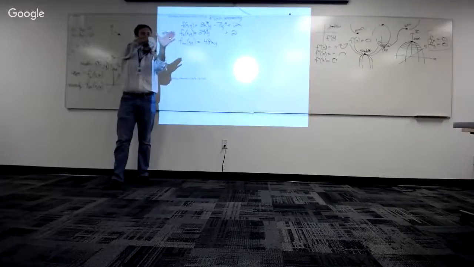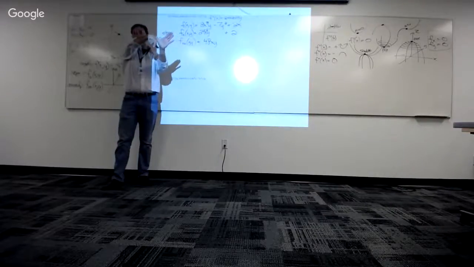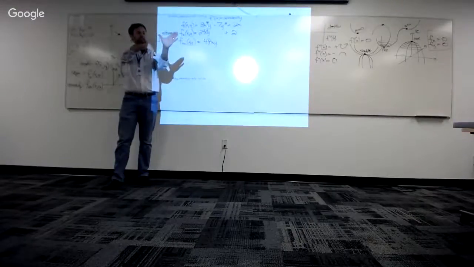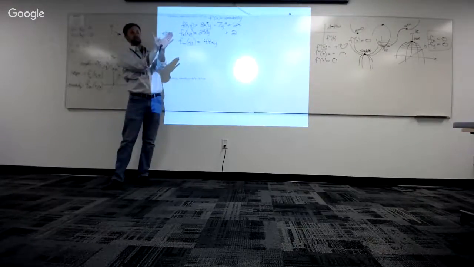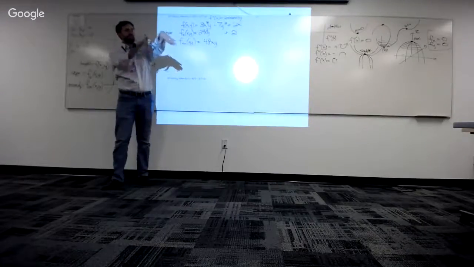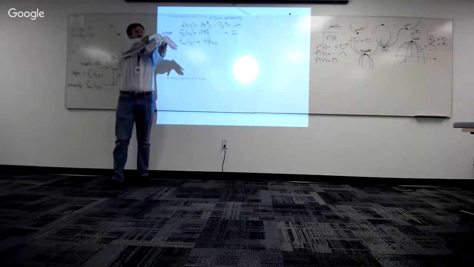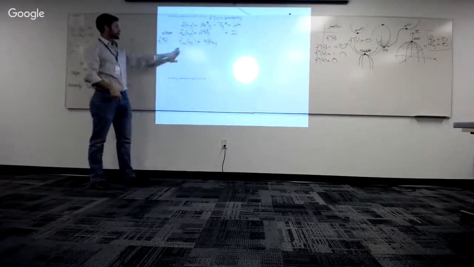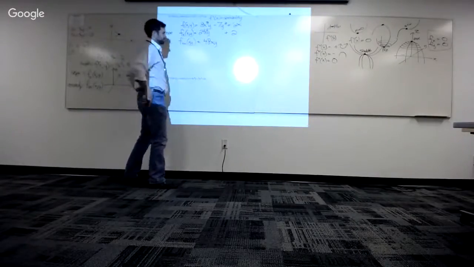A saddle point. That would be a saddle point, right? Whereas if I had concave up in this direction and concave up in this direction, what would that be? A minimum. Whereas if I had concave down in this direction and concave down in this direction, that would be a maximum. Okay? So finding the second derivative is really important because it allows us to figure this out.